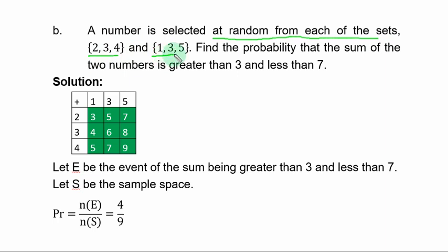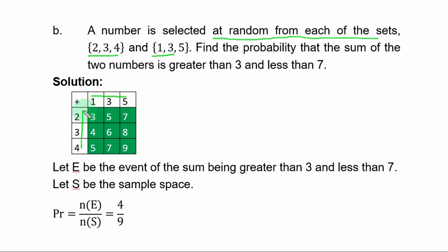Find the probability that the sum of the two numbers is greater than 3 and less than 7. What we do is simply generate a sum table by considering the two sets. The first set 2, 3, 4. The second set 1, 3, 5.